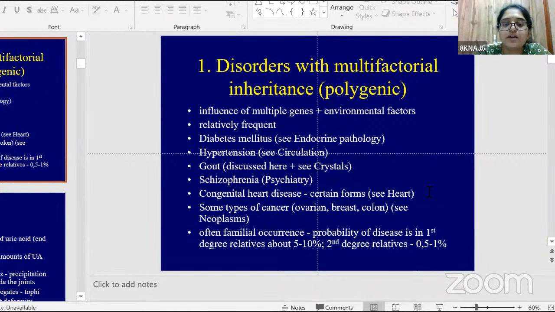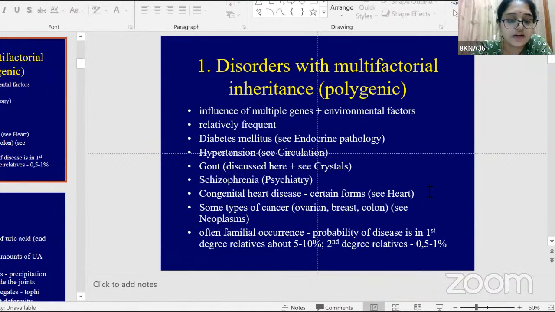Individuals having a first degree or a second degree relative affected, where a first degree relative means the parents and a second degree relative means the grandparents or the cousins, the degree of relation means how closely you are related to that particular person. So this increases the risk of having that particular disorder.